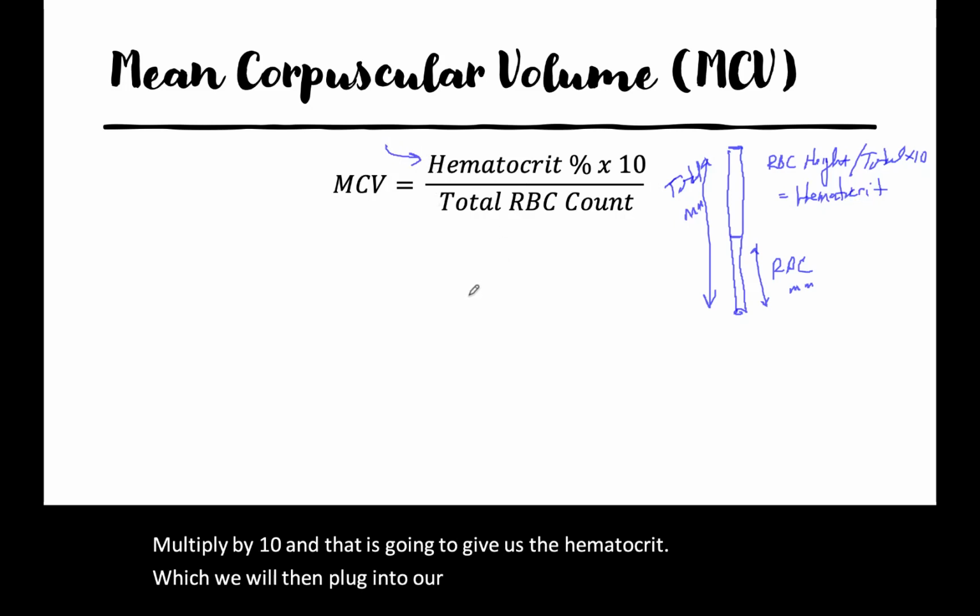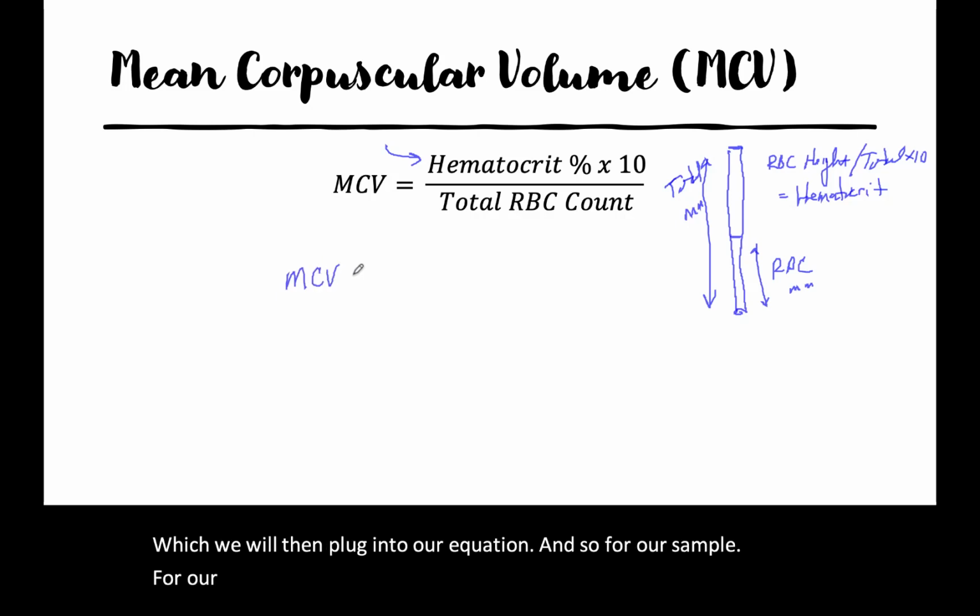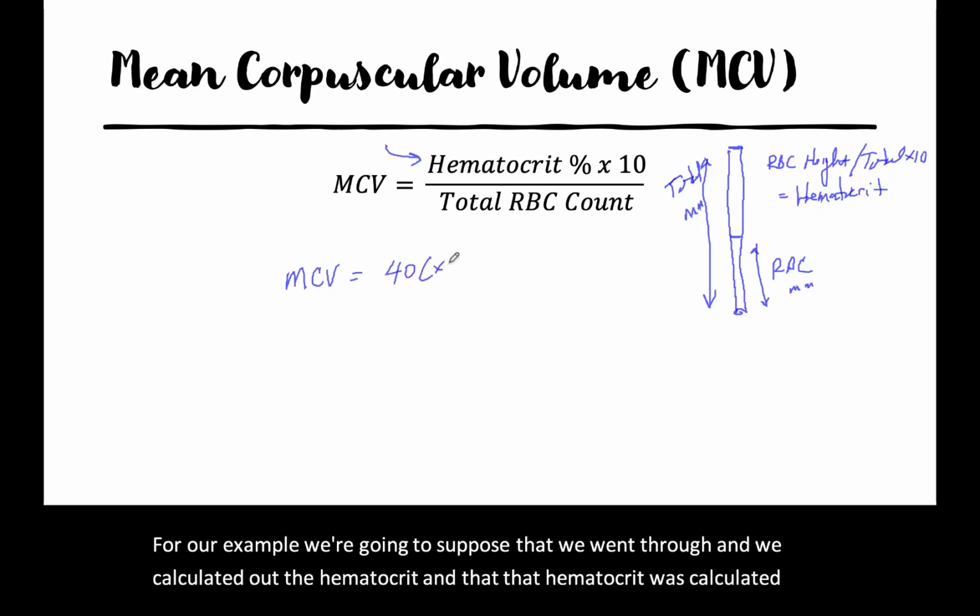which we will then plug into our equation. For our example, we're going to suppose that we calculated the hematocrit, and that hematocrit was 40%.